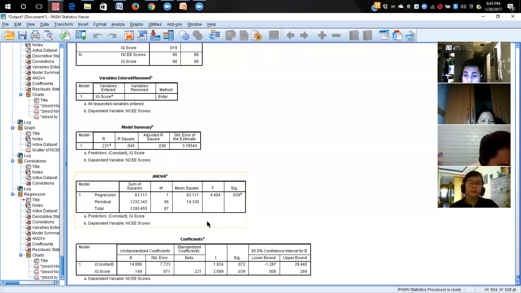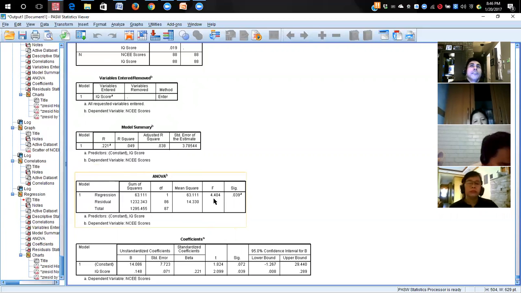Here's the ANOVA, which is an important part of our regression output on SPSS. It uses the F statistic, and the F statistic value is 4.404. For those of you who have statistics books, you will always look at the end part of the book.